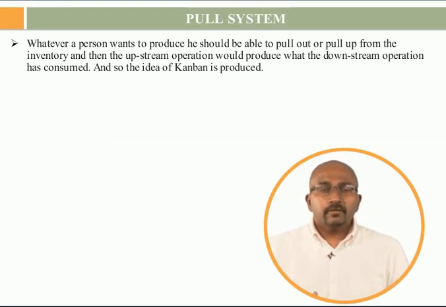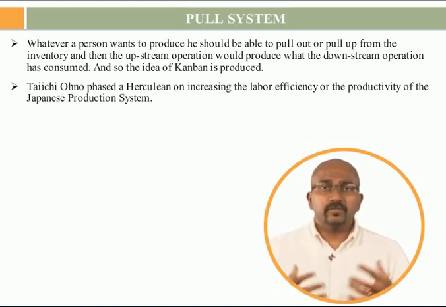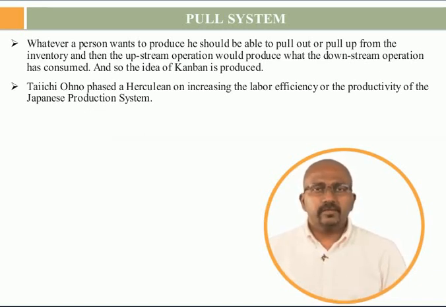In fact, Taiichi Ohno faced a Herculean task on increasing the labor efficiency also, or the productivity of the Japanese production system. The first thing he learned was, because of the non-availability of material at the assembly line, most of the work got done in the last 10 days of the month.